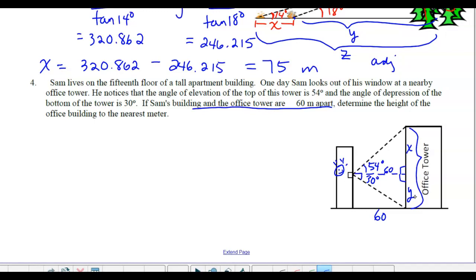Just the one thing I noticed on the check-in, some of you for a side were using O for opposite, but O looks like 0. So try not to use O. Try to label it with an X or Y or an M or something like that.